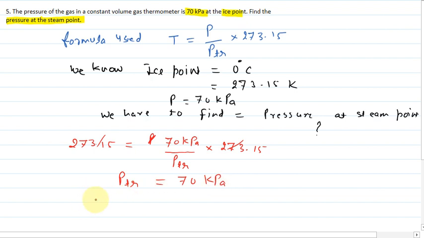Okay, now we have to find out the pressure at the steam point.